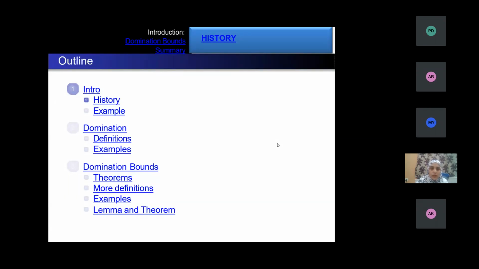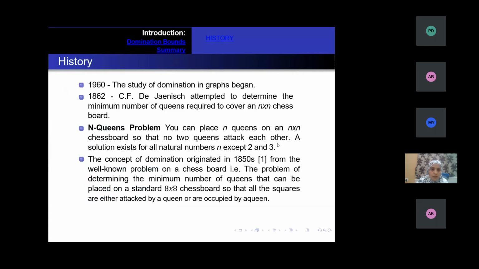First, we will move on to the history part: how domination has taken place, on what basis. Some mathematicians understood the concept and introduced it. In 1960, the study of domination actually began. In 1862, C.F.D. Jaenisch attempted to determine the minimum number of queens required to cover an n cross n chessboard.